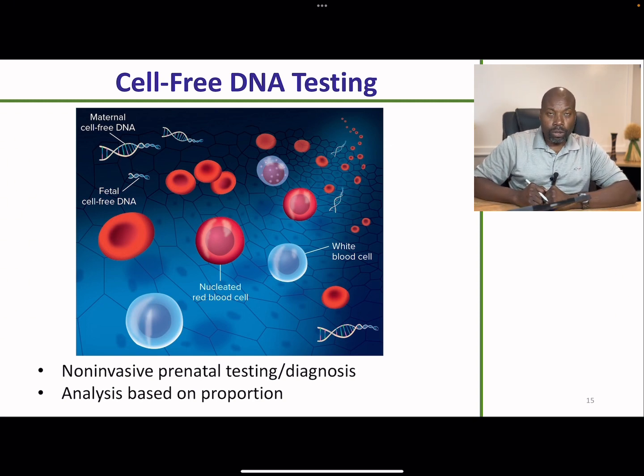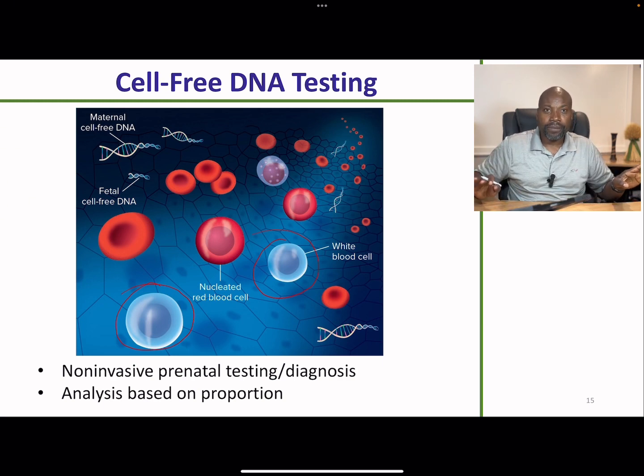Now, what we are going to look into is not the genetic information that is inside of the cells. Nope. We are going to take a look at the genetic information that is outside of the cell. Now, in the blood, we do have some DNA that is outside of the cell.